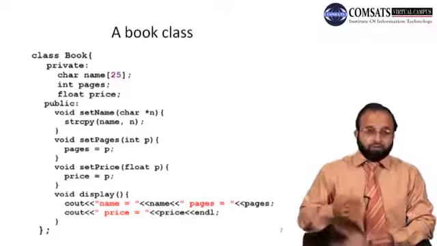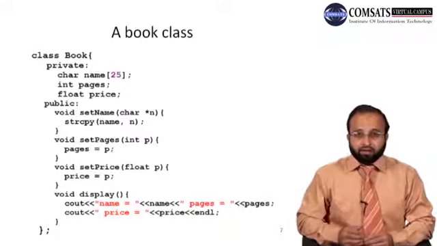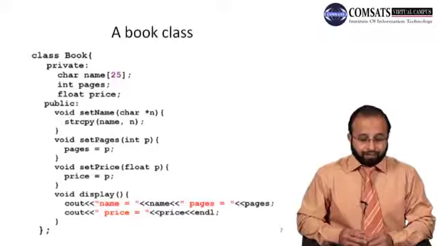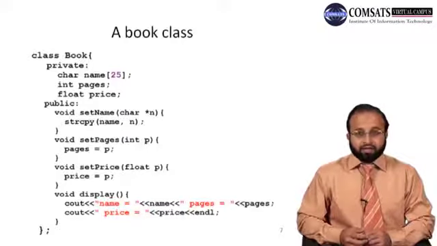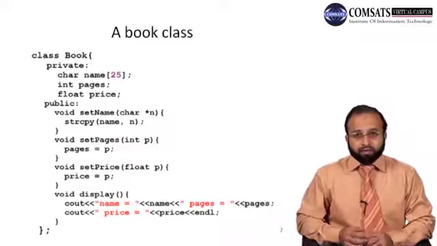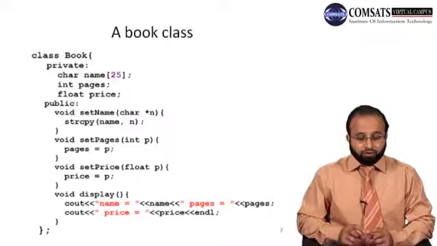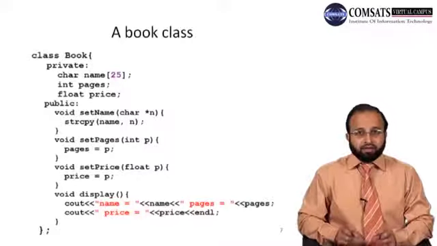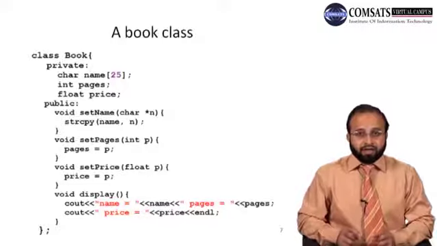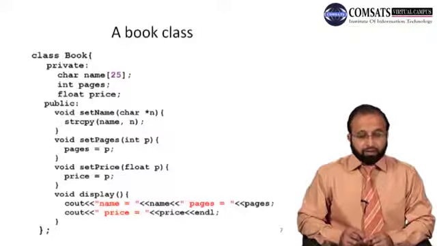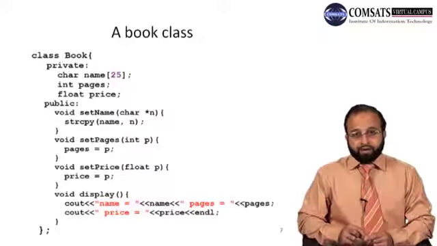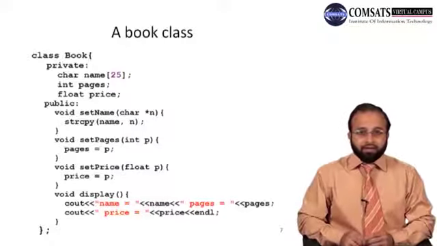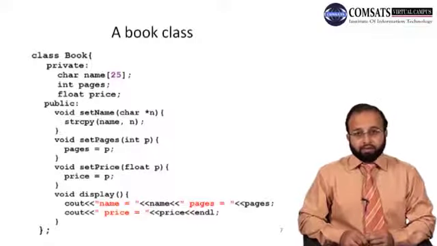So to enforce this in an object-oriented programming language, we have access specifiers, private and public. We usually make the data members, that are the attributes or fields of the class, private, and the behavior, that is the functions, public.